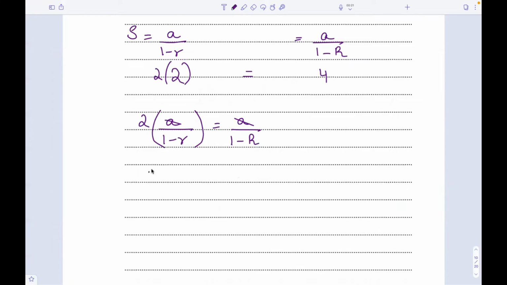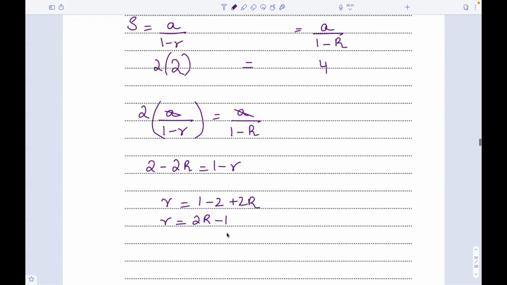Now cross multiplying, I have 2 minus 2R is equal to 1 minus r. Making small r the subject, we get r is equal to 1 minus 2 plus 2R. So r is equal to 2R minus 1. So the first part is done.